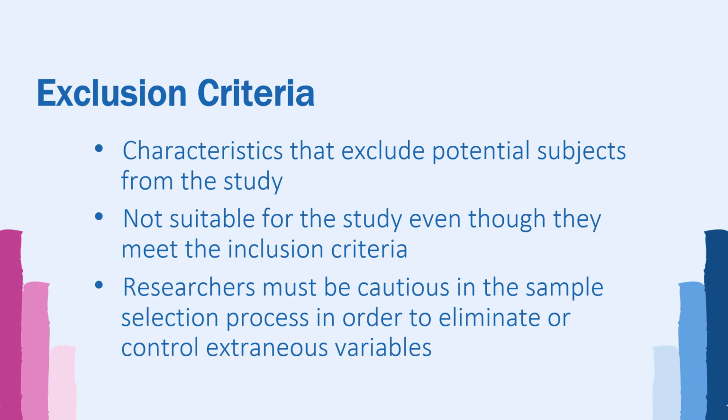For example, in the study that I have conducted, which is about quality of life among children with epilepsy, one of my exclusion criteria is that I did not include those children with comorbidities. In other words, if this child is suffering from something else other than epilepsy, let's say for example the child has epilepsy and at the same time diabetes, because there is juvenile diabetes among children.